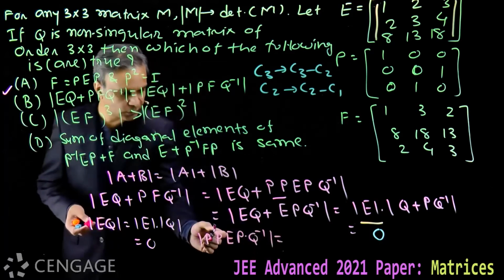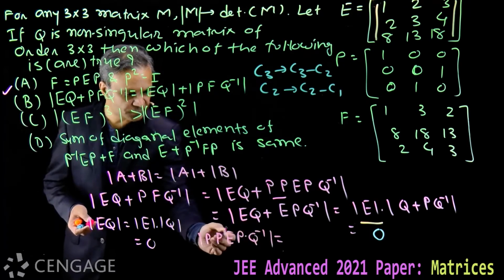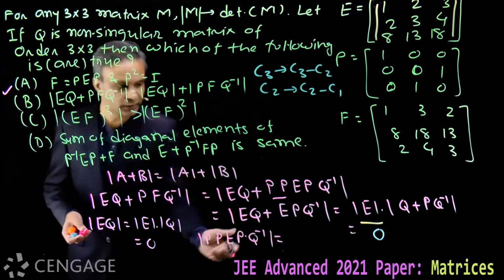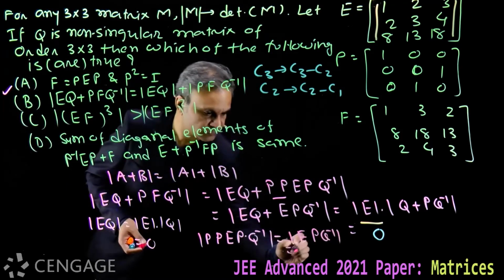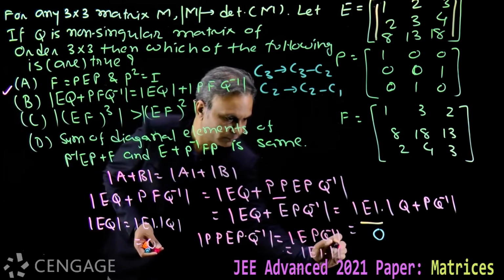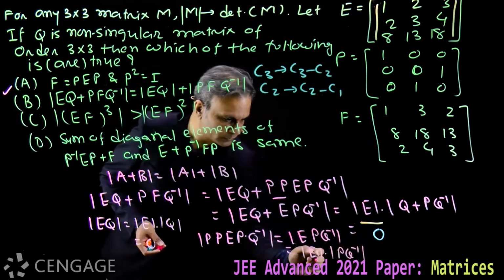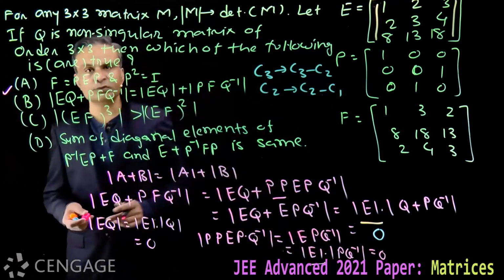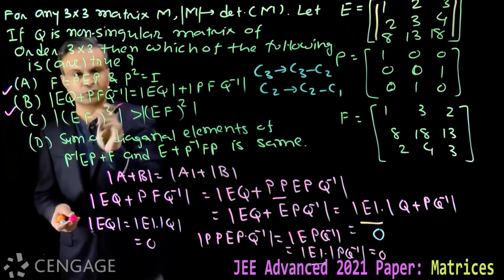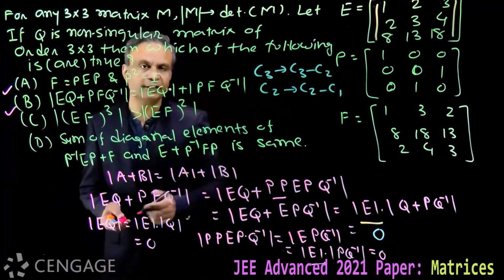This is equal to P square EP Q inverse. P square is I, I into E is E. So this is modulus of EPQ inverse. This is modulus of E multiplied by modulus of PQ inverse. This is 0. So RHS is also 0. So this is true because both LHS and RHS are 0.